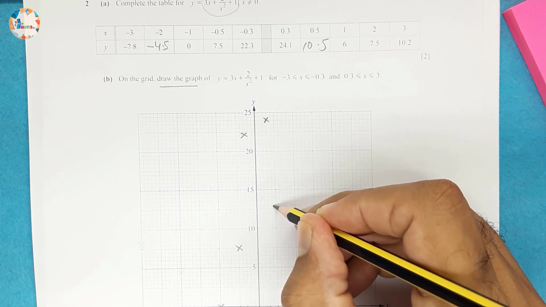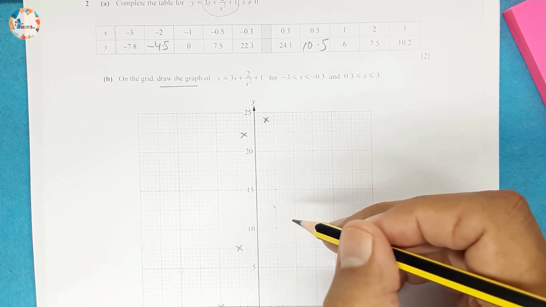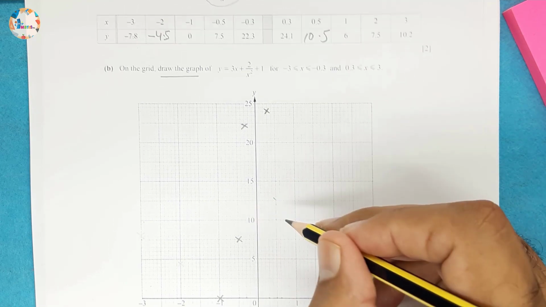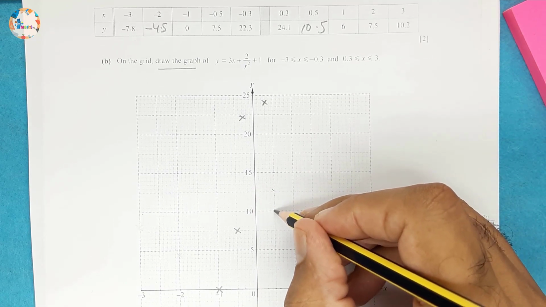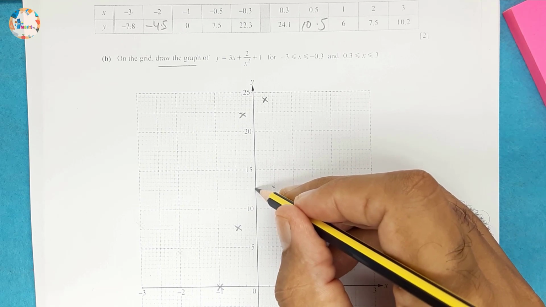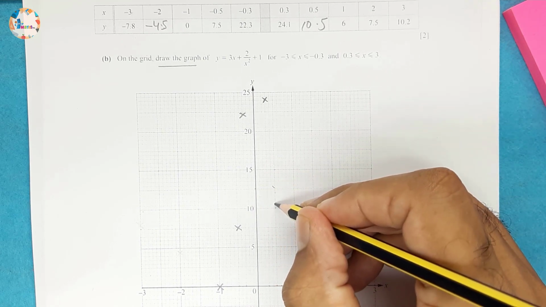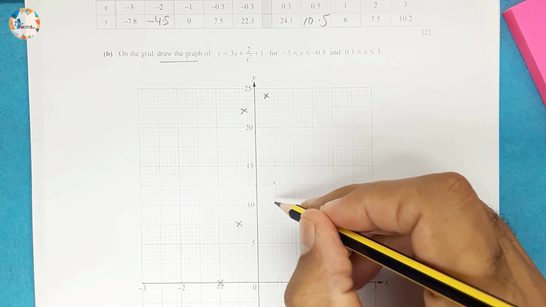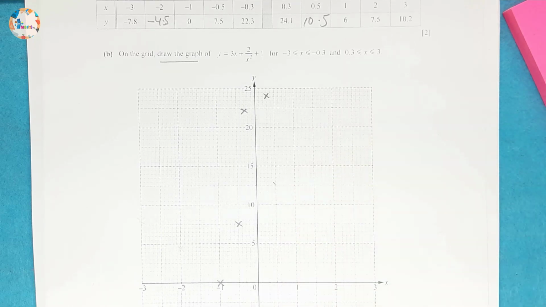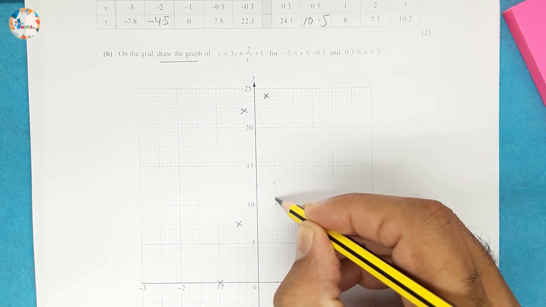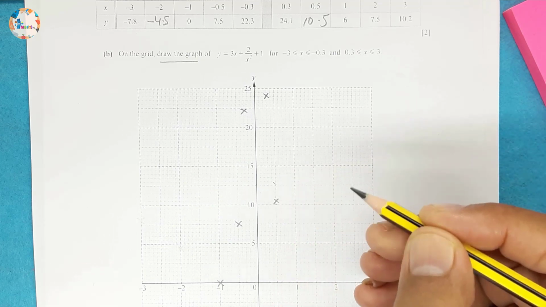This is 10.5. Not this one, because this is 12.5. So this will be 11. 10.1 is this one. 10.5 we need to mark. So basically this is 10, this is 11. So 10.5 will be this one.